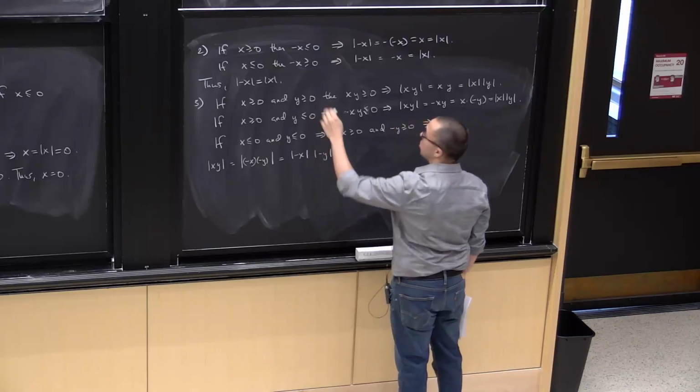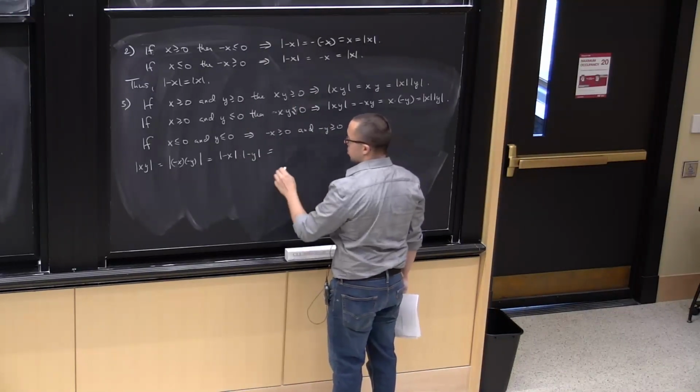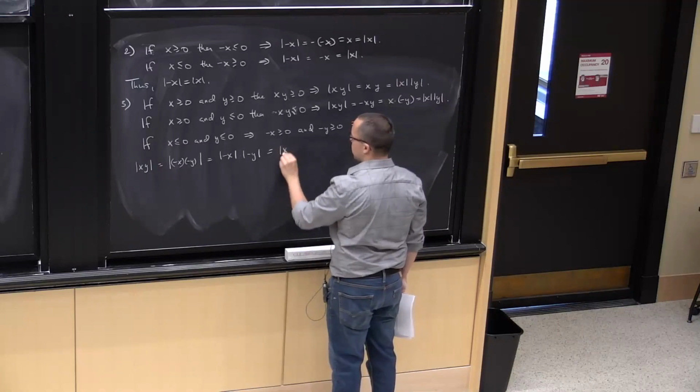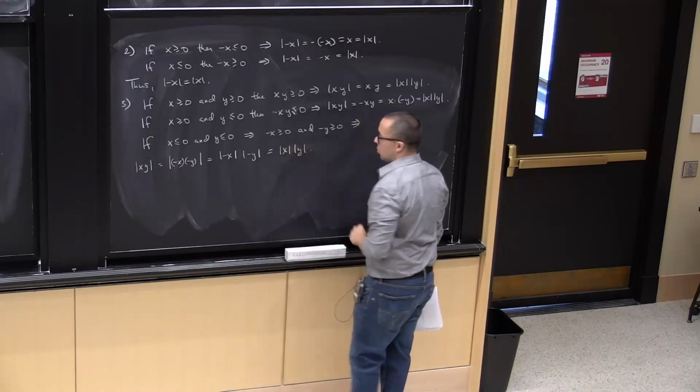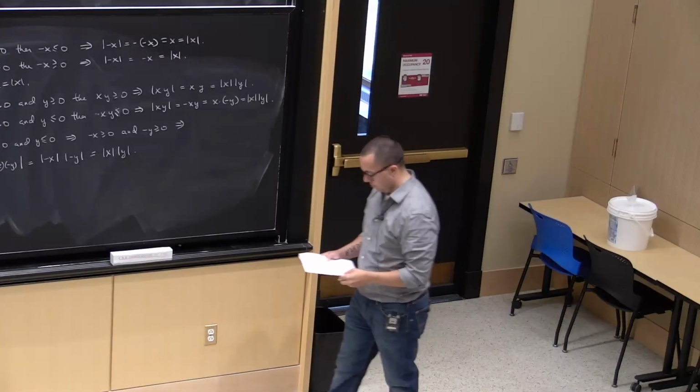And by number 2, which we've already proven, which is that the absolute value of minus a number is equal to the absolute value of the number, we get that. Okay? So that's 3.